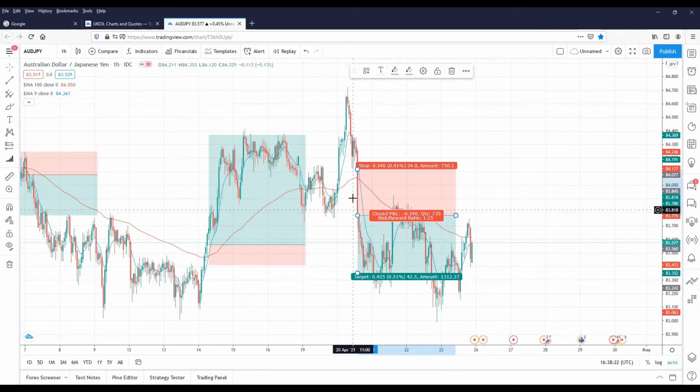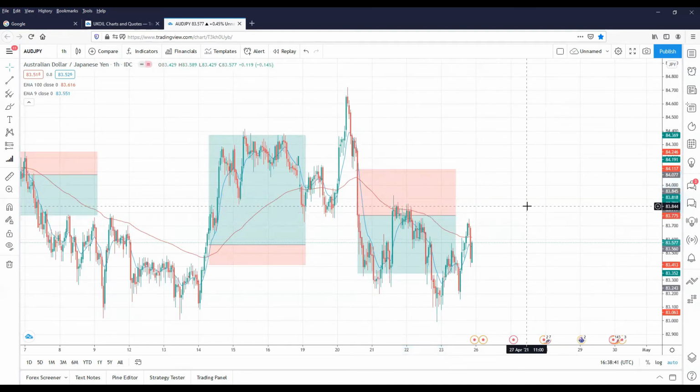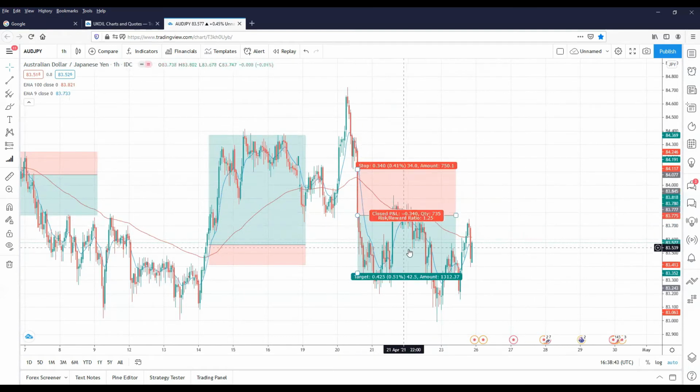If this is such a wide stop loss, we have to get at least the same amount of reward in terms of our risk to reward ratio. In other words, if we lose this amount here, we must get the same amount or more in the win. And if we set such a wide target profit, this trade would have still been profitable. So this was a very good trade here, and the moving average crossover gave us a very good signal.